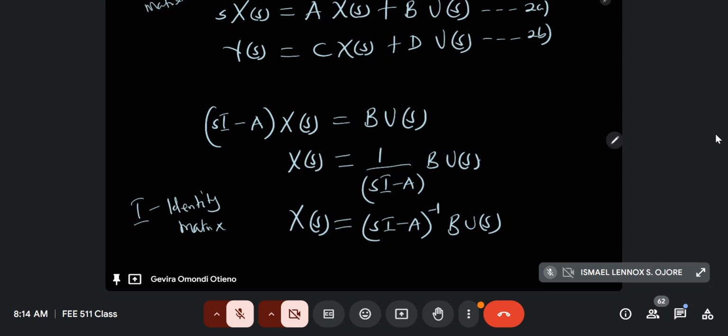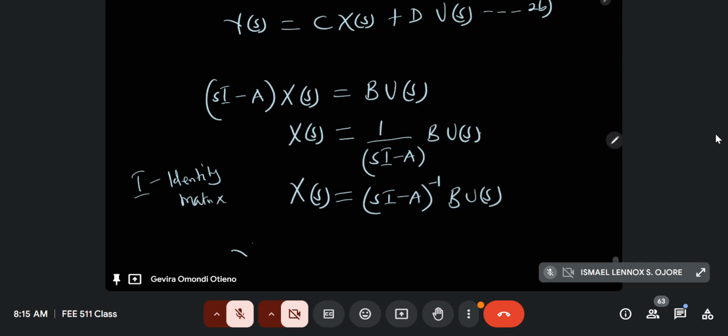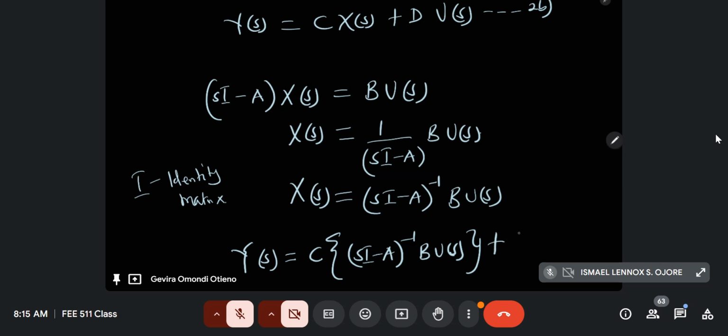Then let's come to question 2b and substitute for this value of x of s in 2b. Remember, we are looking for the formula that we can use to convert a state space represented system into a transfer function. So from question 2b, we'll have y of s equals C multiplied by x of s, and x of s is here, meaning the whole term is going to be multiplied by sI minus A inverse B U of s, plus D U of s.